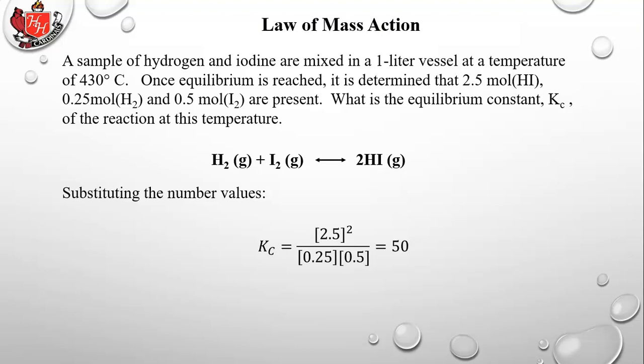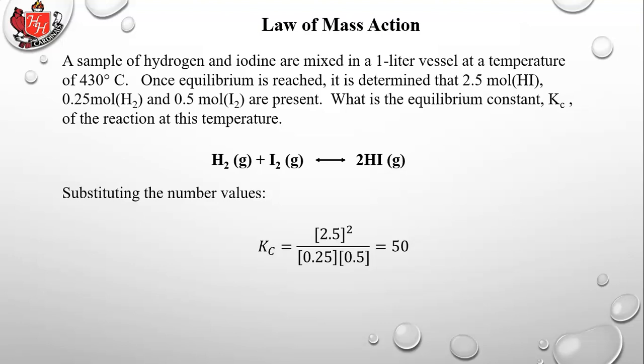On the bottom, in the denominator of the law of mass action, you have H2. It has a coefficient of 1, so it's simply 0.25 to the first power. And then you have 0.5 moles of I2, which also has a coefficient of 1, so that's 0.5 to the first power. And you just run the equation and you get 50 as your equilibrium constant.